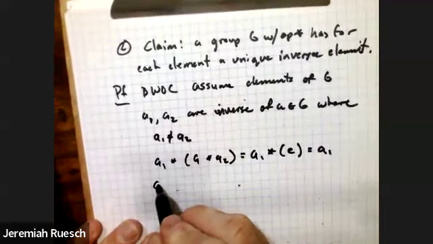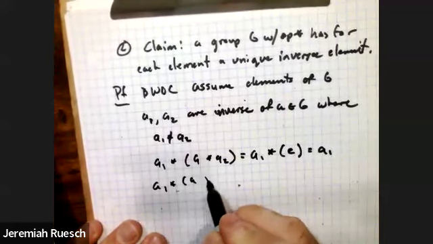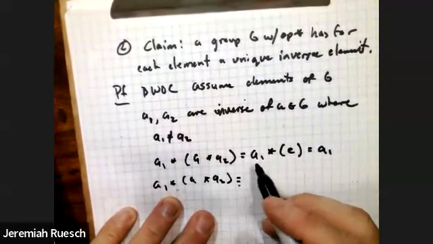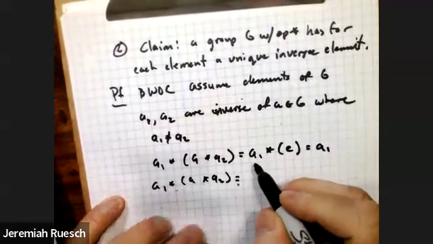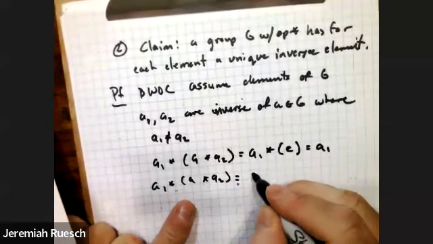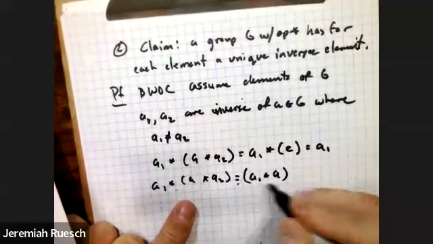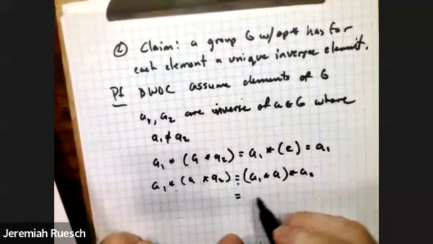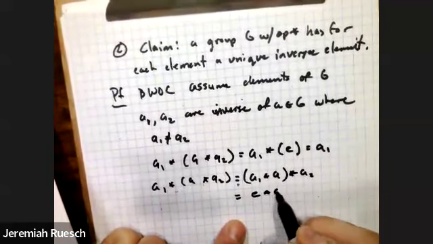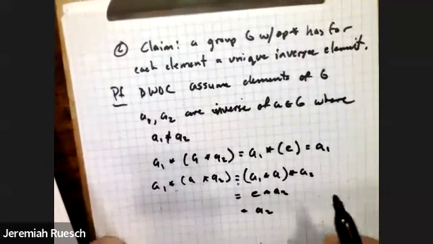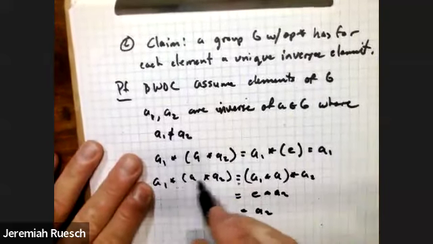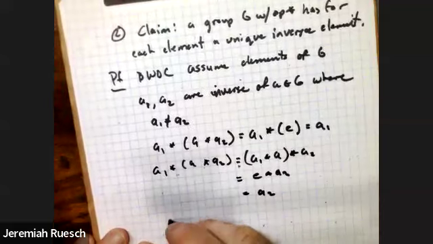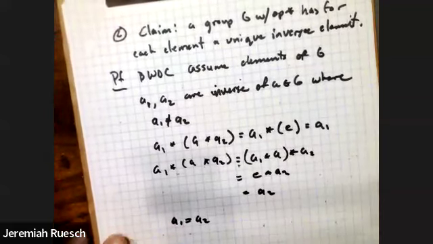And then in a similar fashion, we can use the associativity of the group, since G is a group, and move these parentheses off of a1, a, and a2 here. And then this is the identity acting on a2, which of course is a2. So here we have the same expression on both sides yielding two results. So it equals a1 and a2, which means that a1 must equal a2.